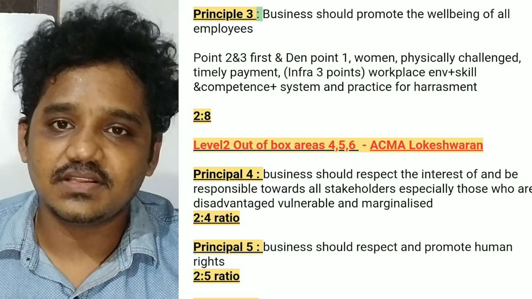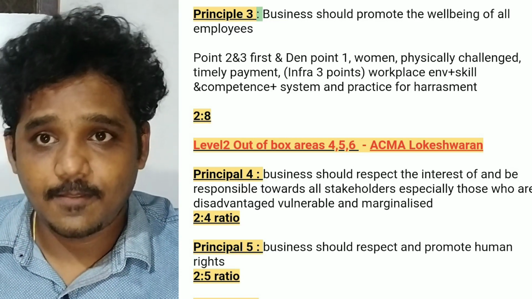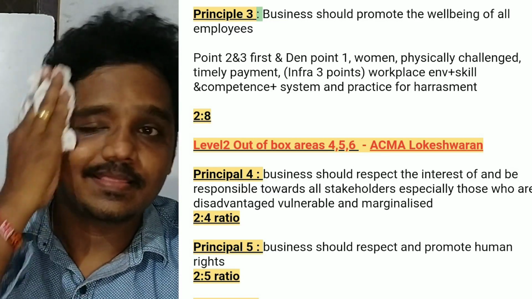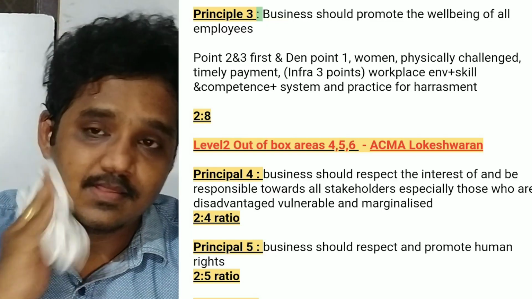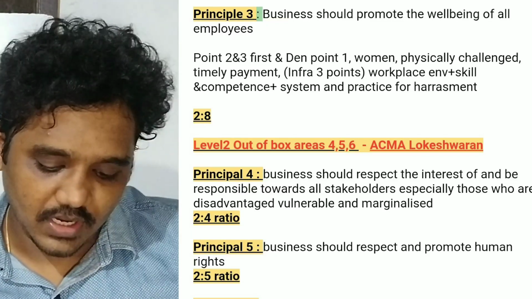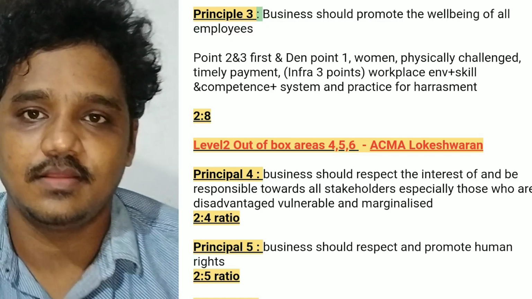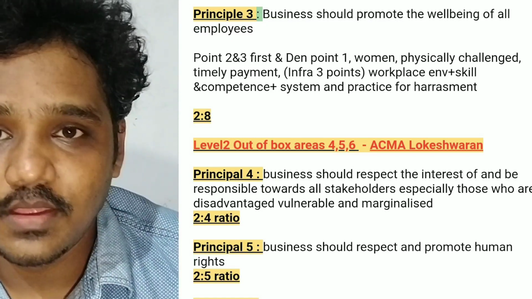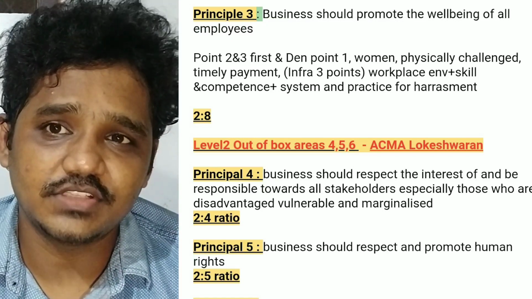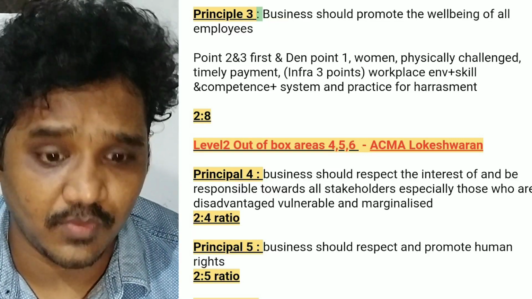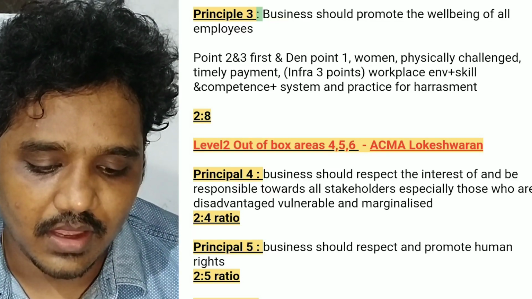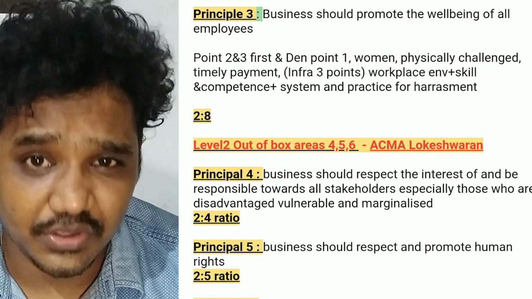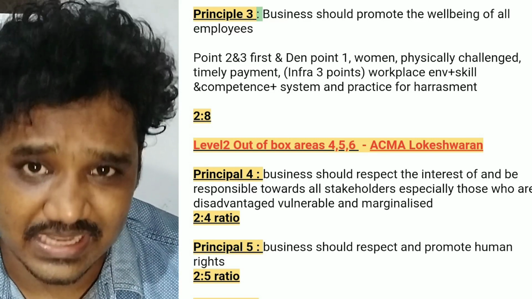The important points are: first point, like I said, just identify your stakeholders. That is point number 1. And the next point is you just accept that you are responsible for these stakeholders as well.